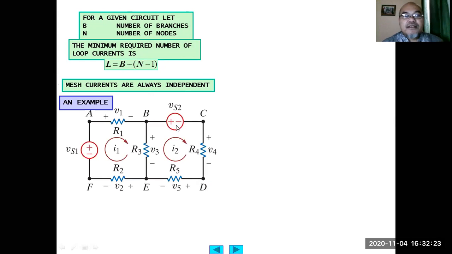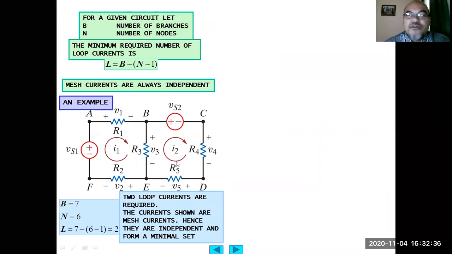Let's give an example. Here we have this circuit with R1, R2, R3, R4, and R5, and two independent voltage sources, VS1 and VS2. Here we draw two loops, which are also two meshes, I1 and I2. How many branches are there?